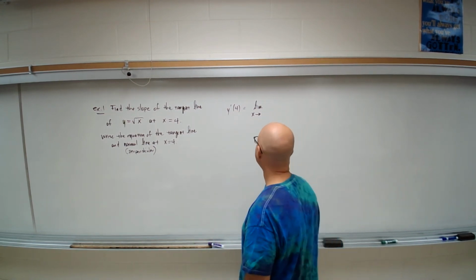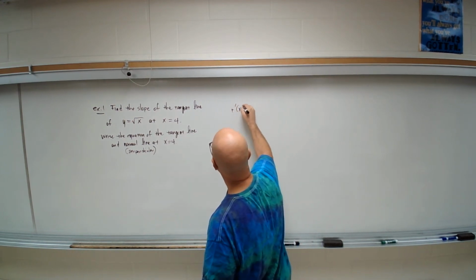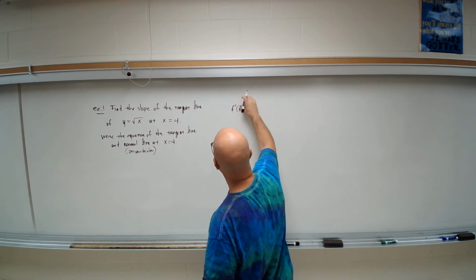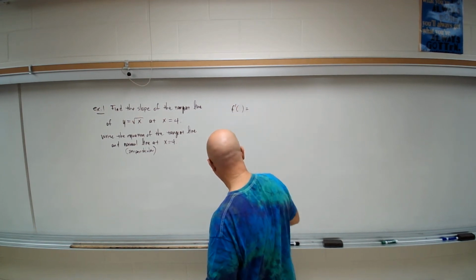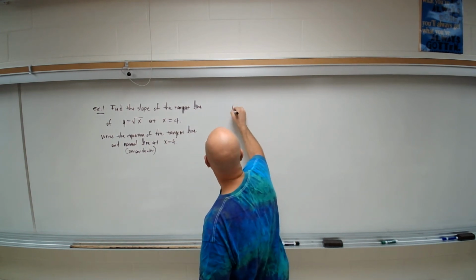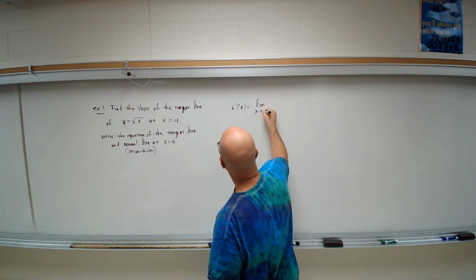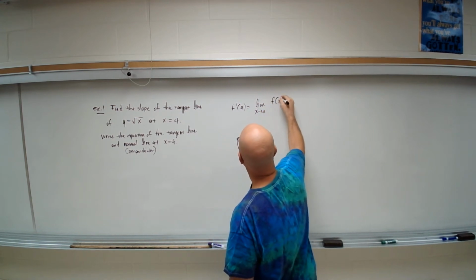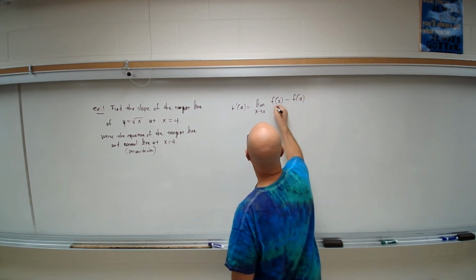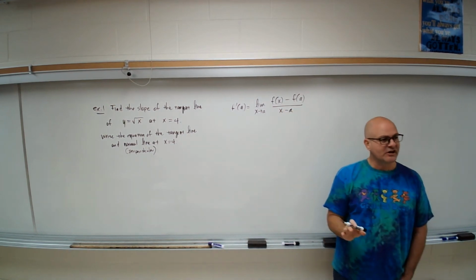Well, here, I'm sorry. Let's write the whole rule out. So we had f prime of x, or f prime of a, equals the limit as x approaches a of f of x minus f of a over x minus a. That's just our general form.